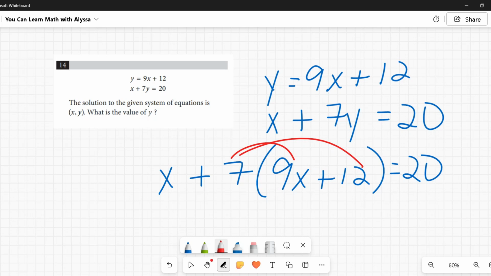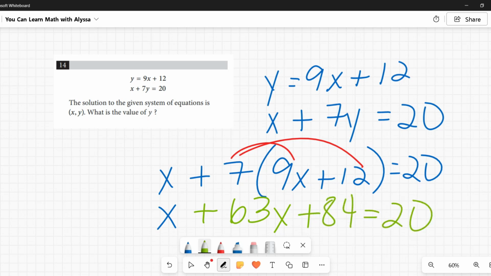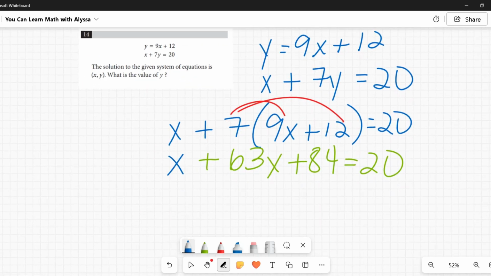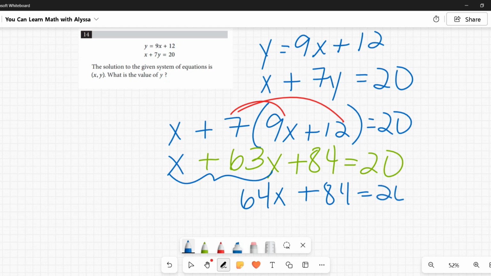We distribute this. We bring down that x, and then 7 times 9 is 63x, and 7 times 12 is 84. And that equals 20. So x plus 63x is 64x plus 84 equals 20.